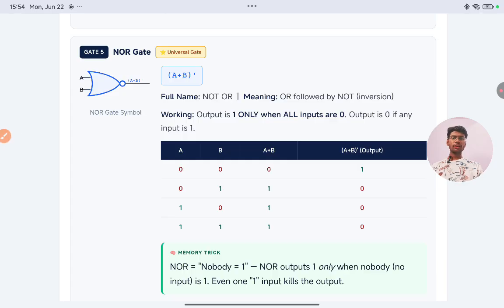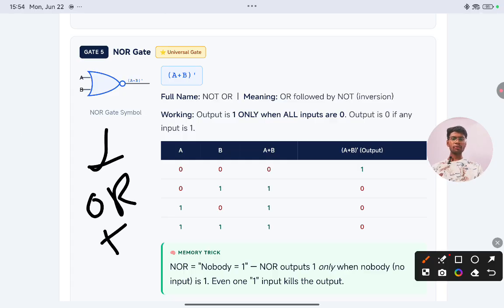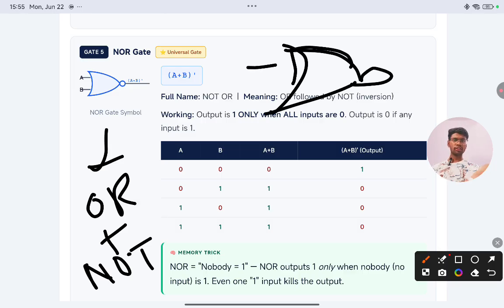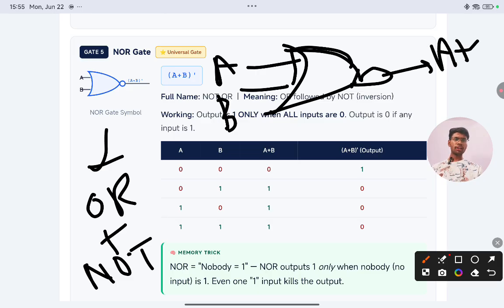The NOR gate is the same thing. It's a combination of your OR gate plus a NOT gate, right? You can create this like this. You get A, you get B, and you get A plus B, the whole complement. This negates the thing, right?